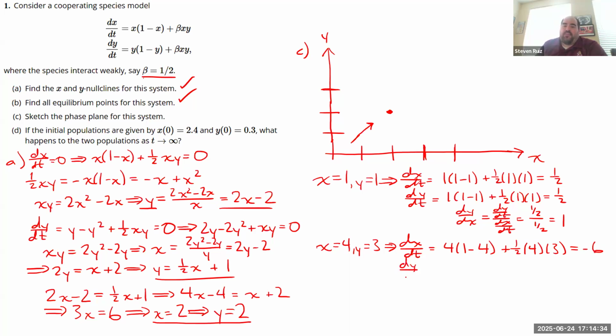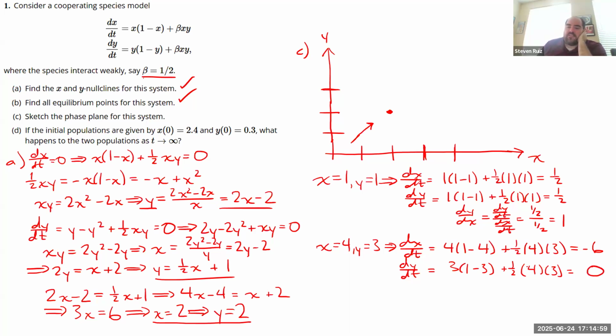And then dy/dt, that's going to be equal to 3 times (1 minus 3) plus a half times 4 times 3. So 3 times negative 2, that's negative 6 plus, oh, I think I landed myself on a nullcline. That's fine.